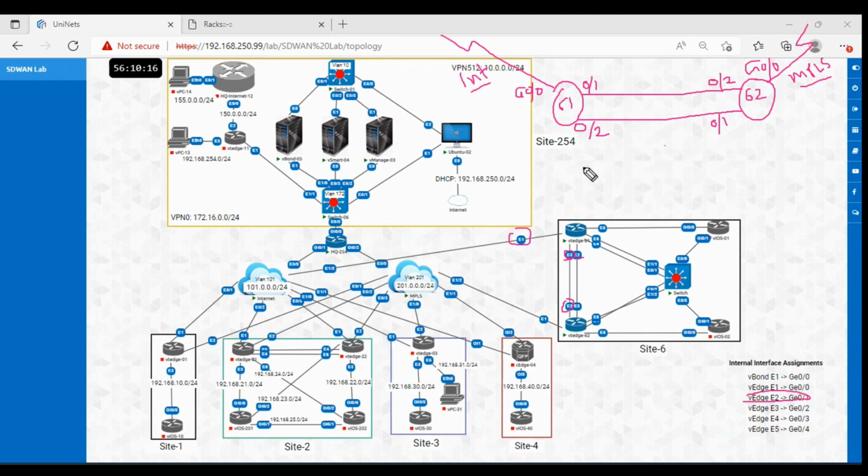And let's take a subnet. On this link, let's take a subnet of 160.0.0.0/24, and 170.0.0.0/24.